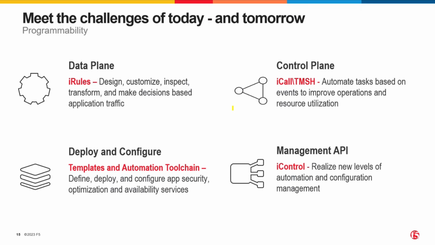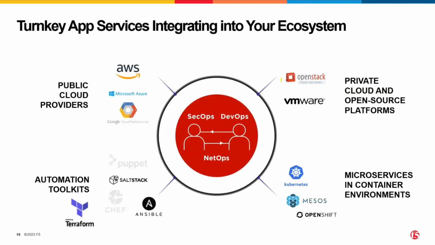Everything is very flexible from this perspective. It doesn't matter where you're trying to put that solution, if it's your data center, some co-location, a private cloud, public cloud, doesn't really matter. F5 with BigIP and all these API possibilities can fit every single part of your environment.